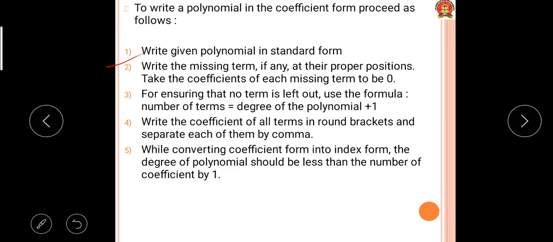Write the coefficients of all the terms in round brackets separated by commas. That is the coefficient form. While converting the coefficient form into index form, the degree of the polynomial should be less than the number of coefficients by 1. If the coefficients are 5, then what is the degree of the given polynomial? 4.